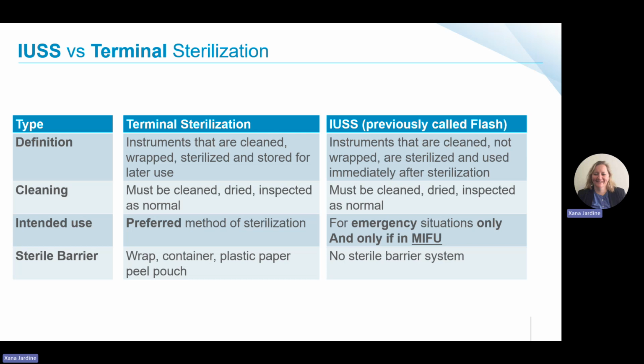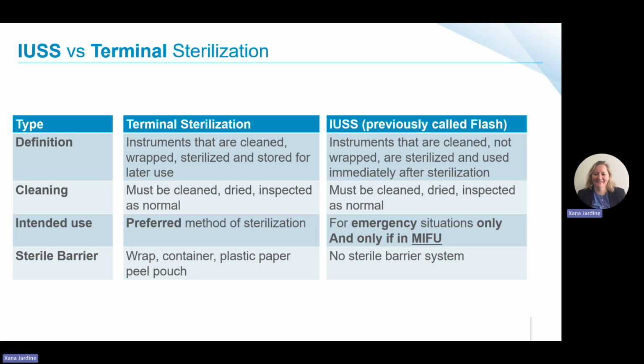Then placed inside of a tray, not wrapped, used for emergency purposes only, and only if it specifies in the manufacturer's instructions for use. And then, of course, it is not stored for later use because there's no sterile barrier. It is used immediately. So immediate use steam sterilization versus terminal sterilization.